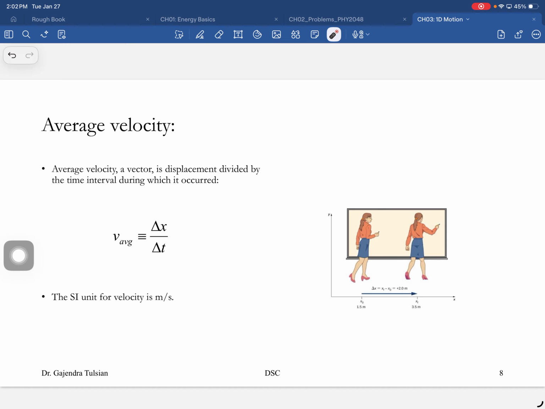So instantaneous velocity is given by dx by dt, the time derivative of your position vector. If you're given position as a function of time and you wanted to find the instantaneous velocity at this time, all you do is go to the function, draw a tangent line. The slope of this tangent line is the instantaneous velocity.